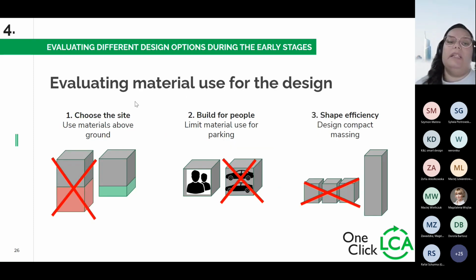When we talk about the material use for the design, we need to also think about the building itself. So when it comes to the site and how the building will be inserted in the building site, it's always better to use materials above ground, because then you will avoid services such as moving earth masses or designing and building a wall containment.